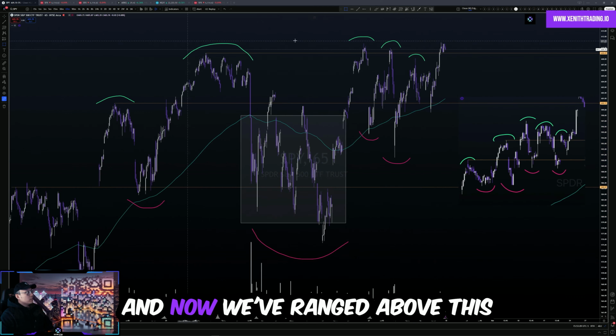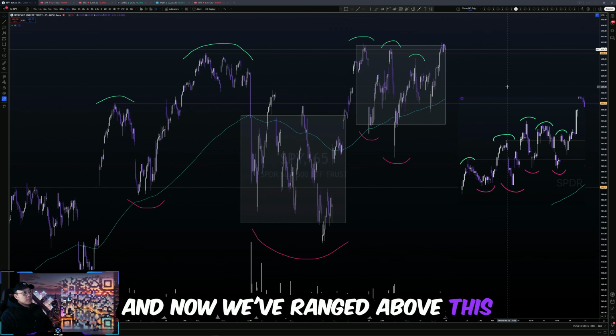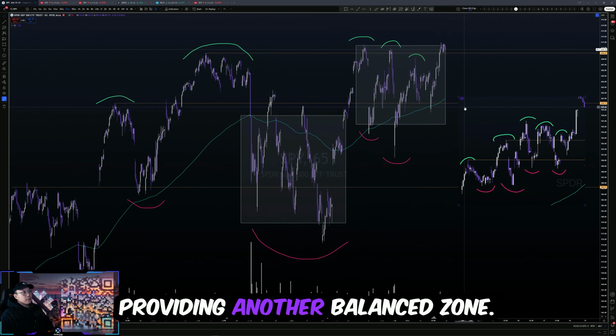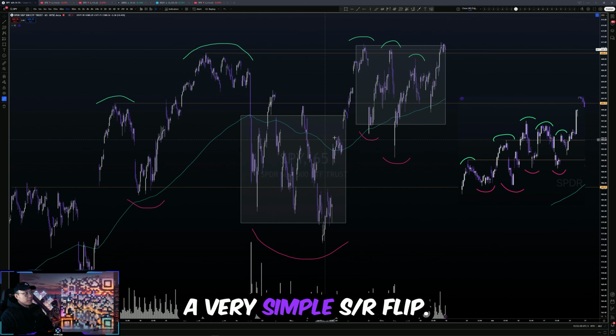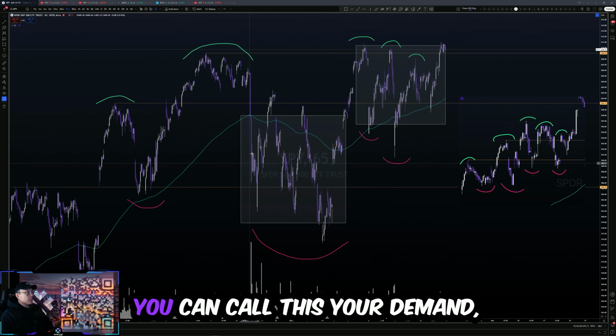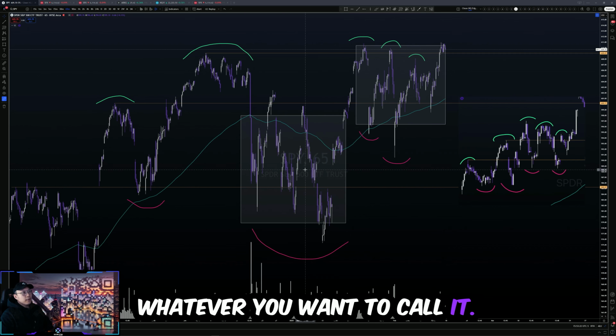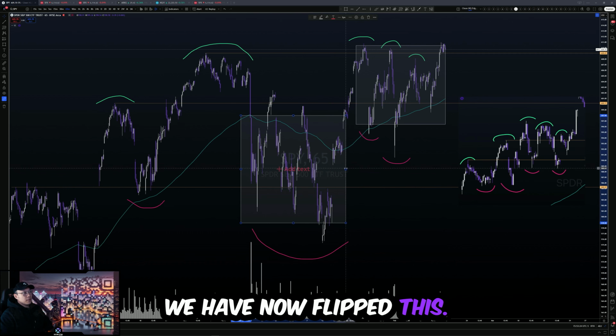And now we've ranged above this, providing another balanced zone. And this is essentially a very simple S&R flip. You can call this your support, you can call this your demand, whatever you want to call it. We have now flipped this.